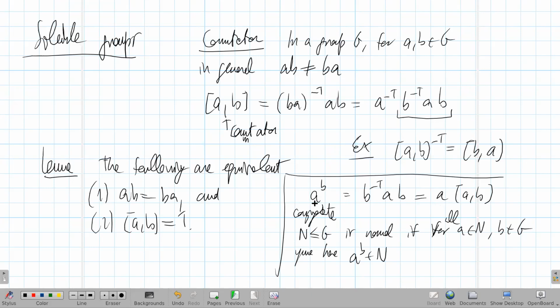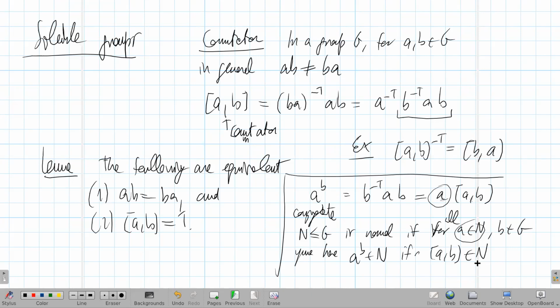So if A and A to the B are in N, this means that the commutator is in N, and conversely. So this is an if and only if: the commutator is in N for all of these. This should be clear because A is in N anyway. If A to the B is in N, then the commutator is in N because it's a product of A inverse times A to the B. If the commutator is in N, this is a product of two elements of N, so this is in N.